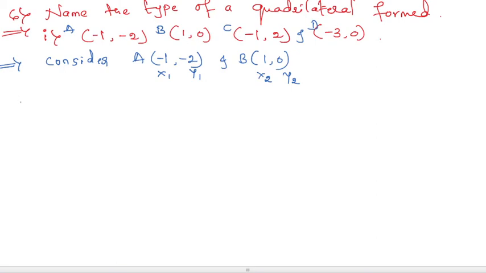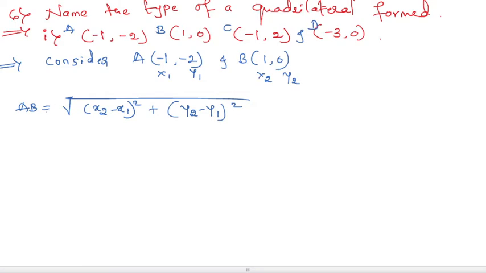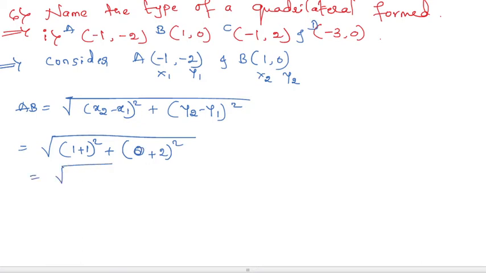So, therefore, the distance between the points AB is equal to square root of (x2 minus x1) square plus (y2 minus y1) square, which is equal to square root of (1 minus minus 1 means plus 1) square plus (y2 value 0, 0 minus minus 2 means plus 2) square, which is equal to square root of 2 square plus 2 square, is equal to square root of 4 plus 4 is equal to square root of 8.